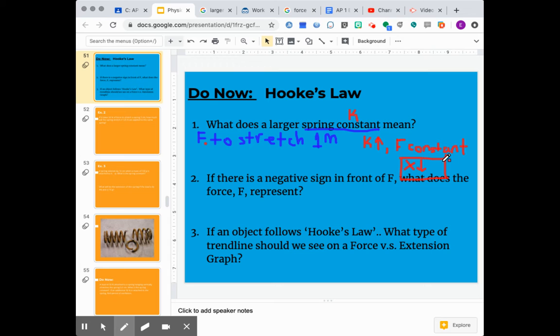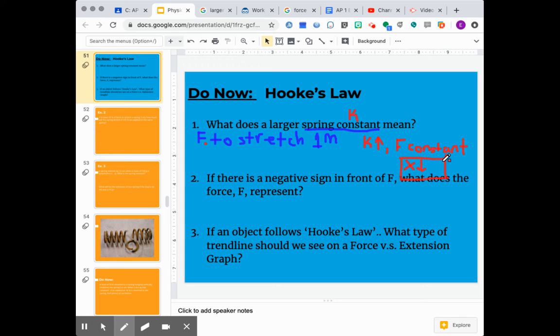Another way in which you could have explained this: if your response is as follows, you do not have to change it, because this is equivalent to what is written on the page. If k is larger, it's going to require more force to stretch the spring. So a larger restoring force would be required in order to get a displacement of x.